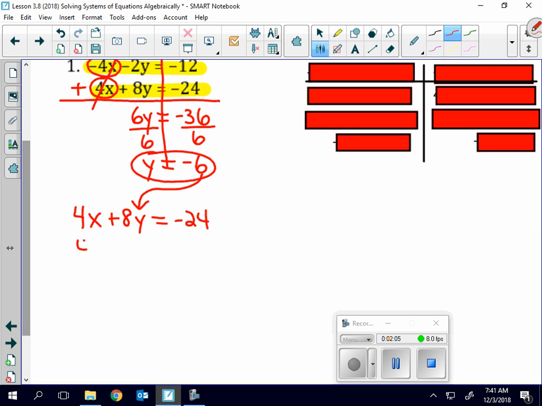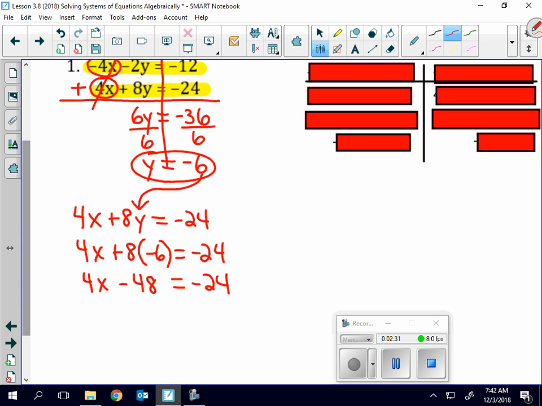Okay, I'm going to go with this. 4x plus 8 times a negative 6 equals negative 24. Well, we have 4x, and I have a positive 8 times a negative 6, which is a negative 48. Notice how that plus sign disappeared.